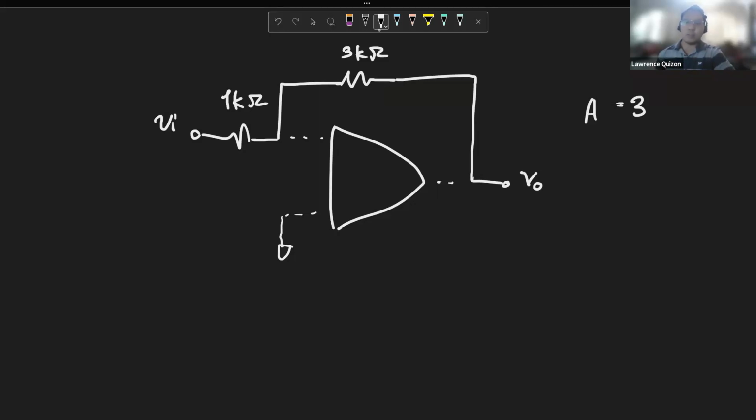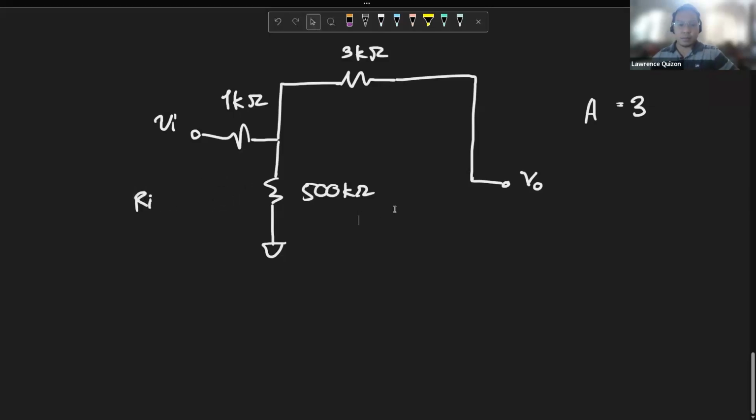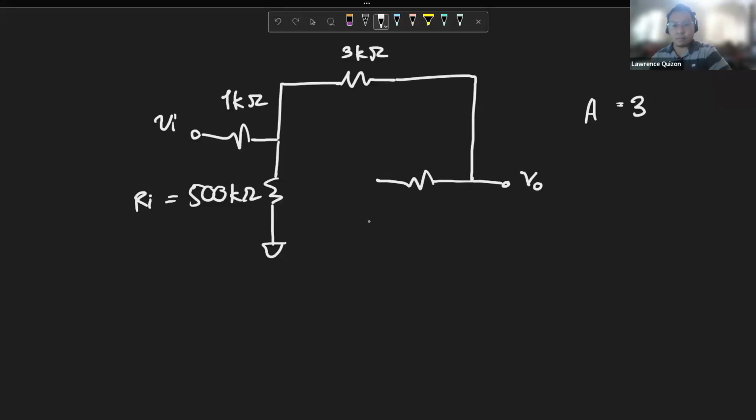Now, let's do it for a real op-amp with all of the non-idealities. So, we have the input resistance. We also have the dependent source, which is A open loop times Vx.